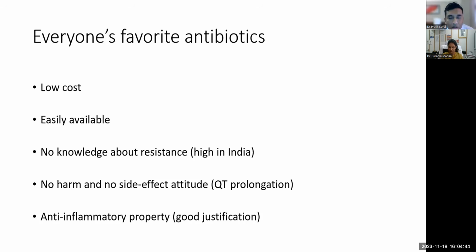There are various reasons why it is overused: it is low cost and easily available. There is no knowledge about resistance in India, which is actually high. People feel it has no harm and no side effects, but it causes QT prolongation. And many doctors justify it by saying it has anti-inflammatory properties.